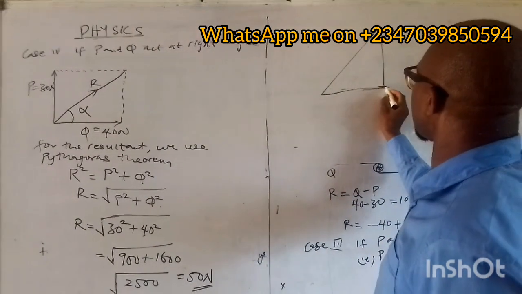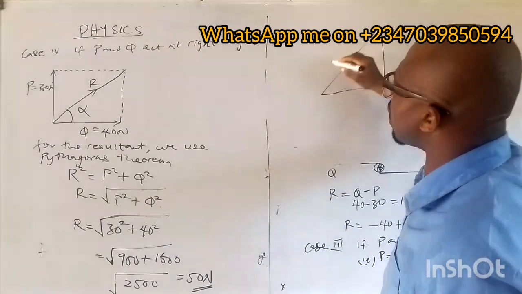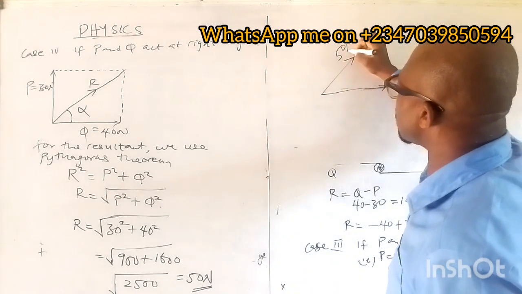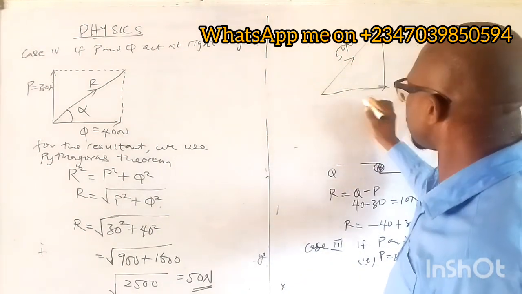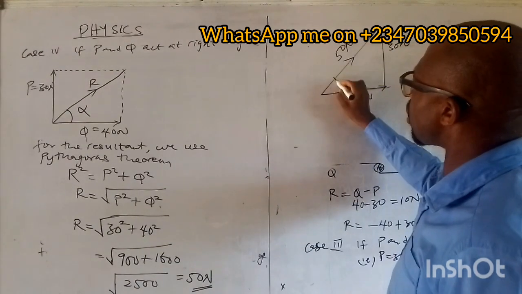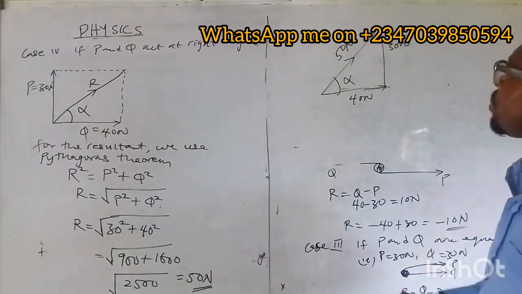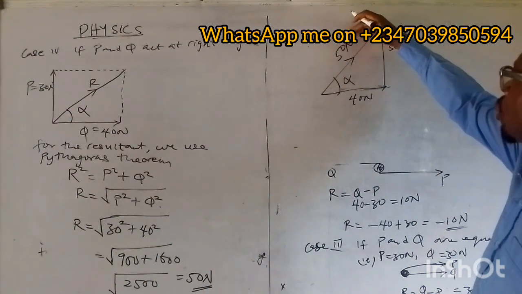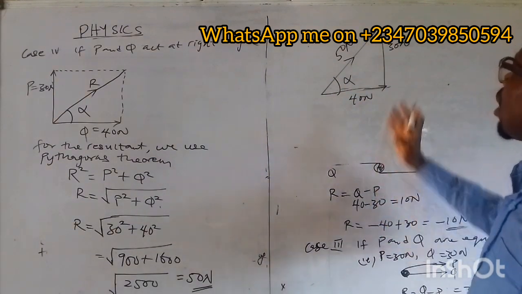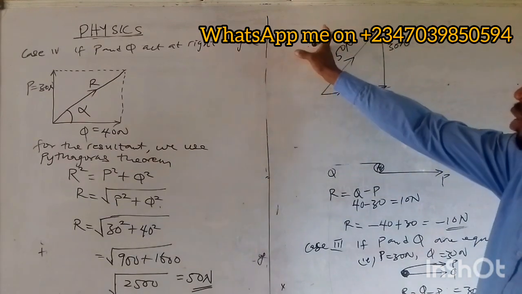Remember to put the arrowheads, this is our resultant. The resultant now is 50 Newton. This side is 40 Newton, and this side is 30 Newton. Now, because our interest is on this angle phi, we have the hypotenuse, the adjacent, and the opposite. Because we have these two given to us, no need considering this one.